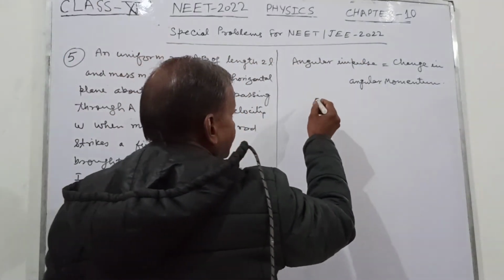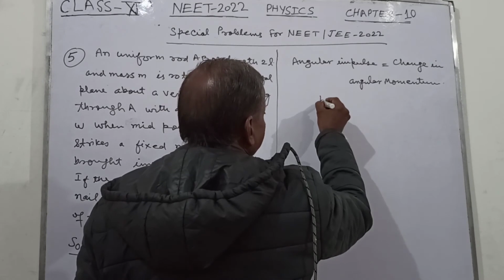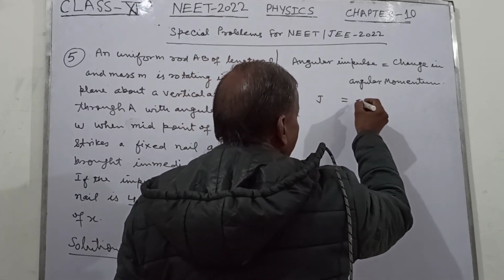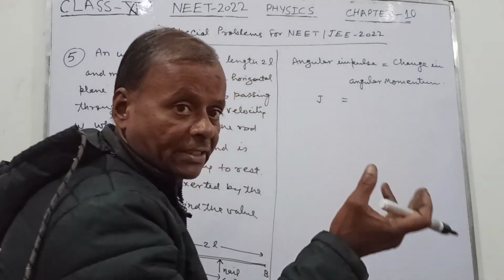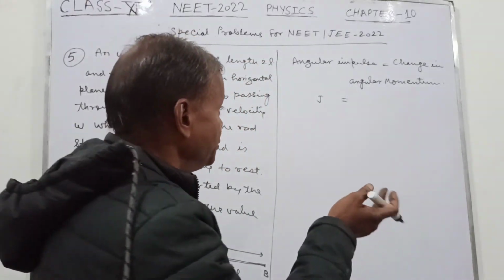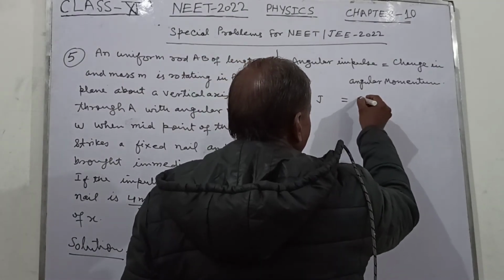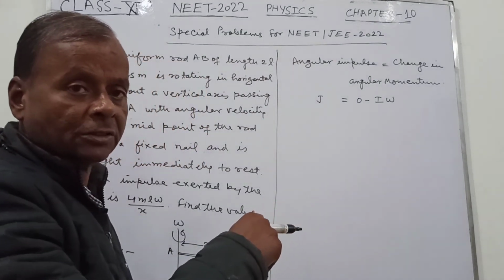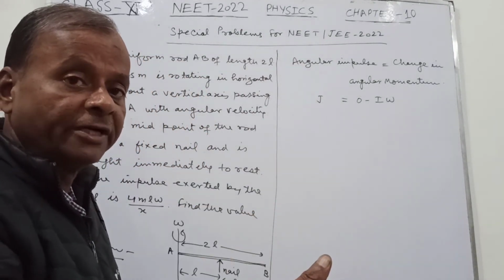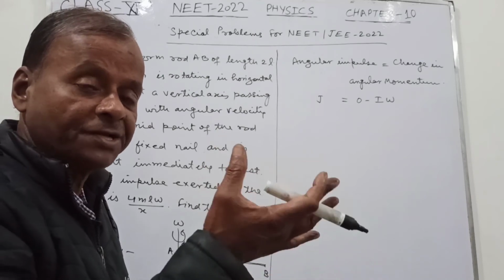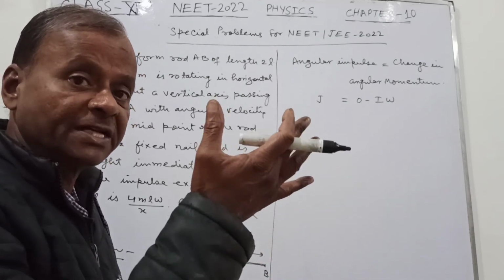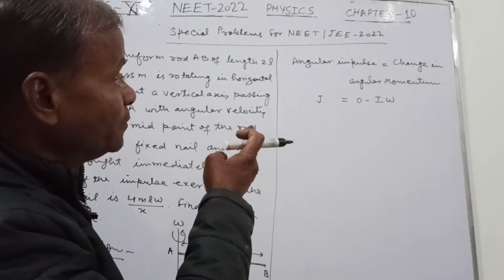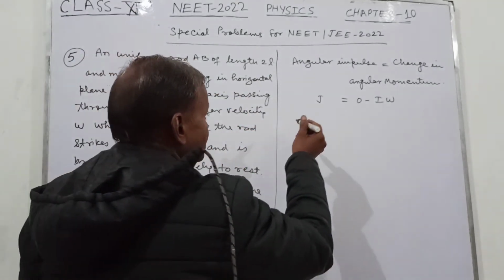The impulse J is equal to the change in momentum. Initially the angular momentum is I omega, and after striking the nail, it comes to rest, so the final angular momentum will be 0. So 0 minus I omega, and this is equal to J.